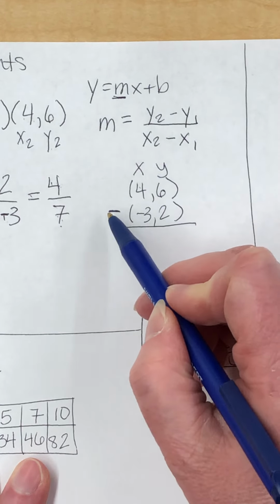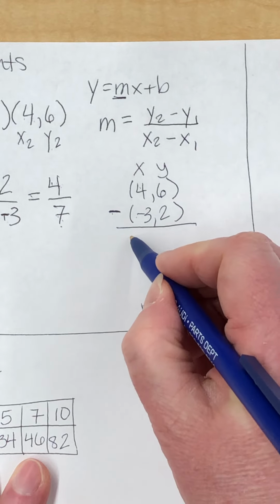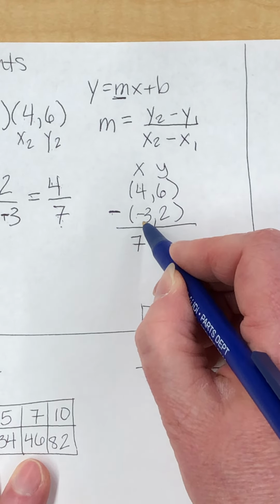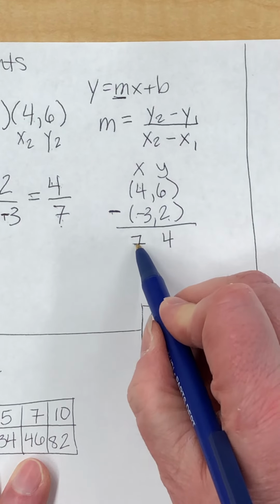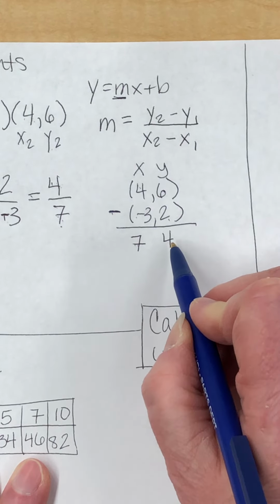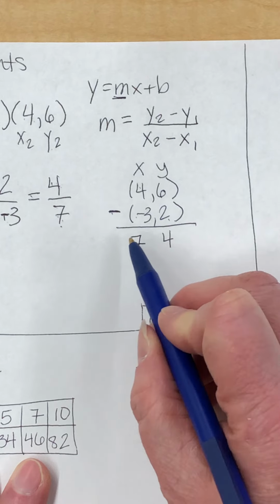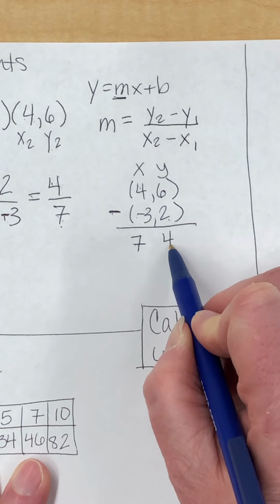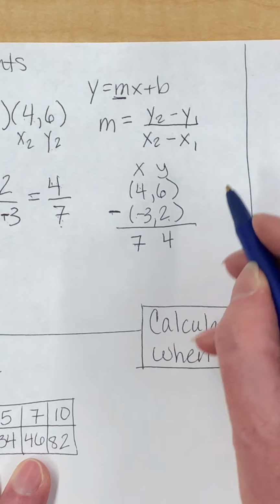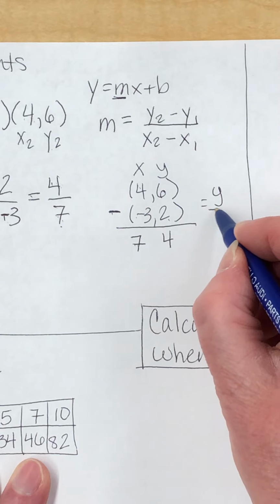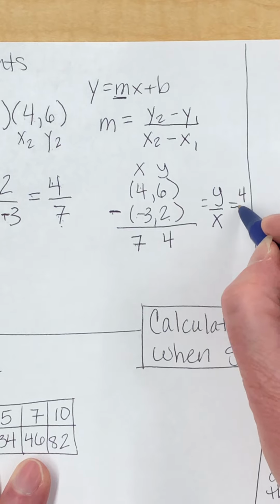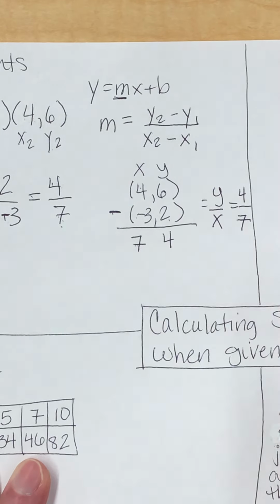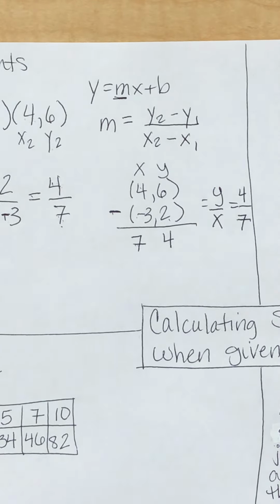So we're doing 4 minus negative 3, which remember is a positive 7 because it's like adding, and 6 minus 2, which is 4. This 7 is the difference of your x's, and 4 is the difference of your y's. It's y over x. So the difference of the y's was 4, and the difference of the x's is 7. So that's how you do it if you are given 2 points.